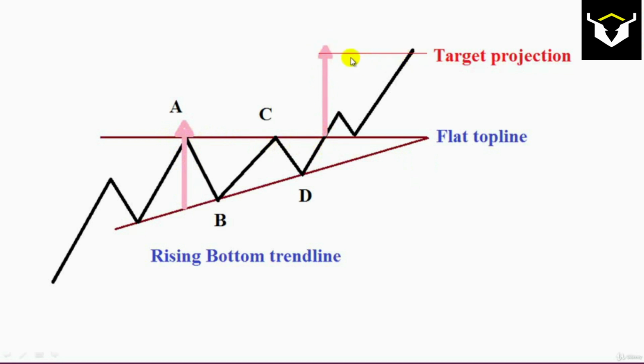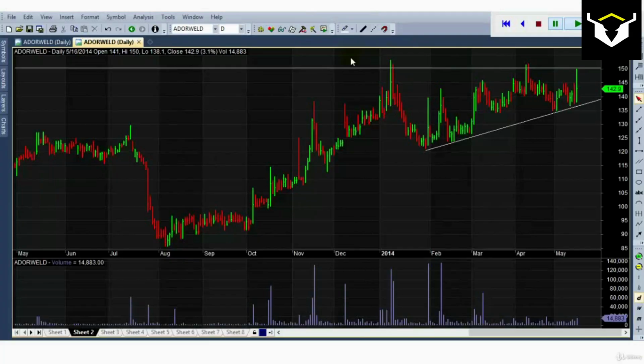So let's go ahead and see a real chart example. Following is a daily chart of Ador Weld. It's a welding manufacturing company situated in Mumbai. As of the last bar, it looks like the pattern is forming itself into an ascending triangle.